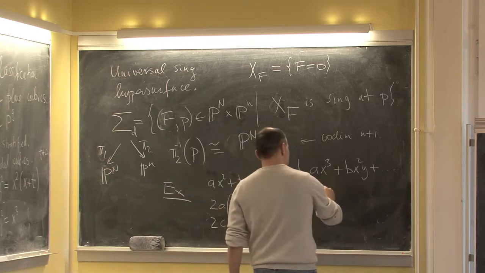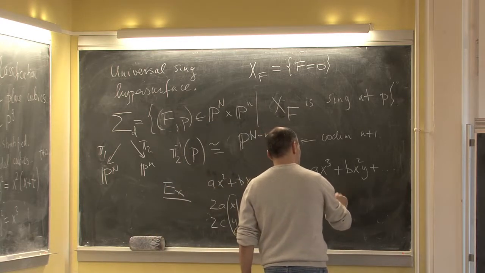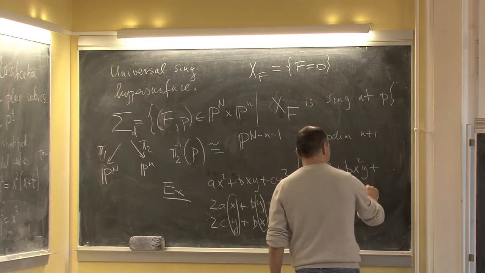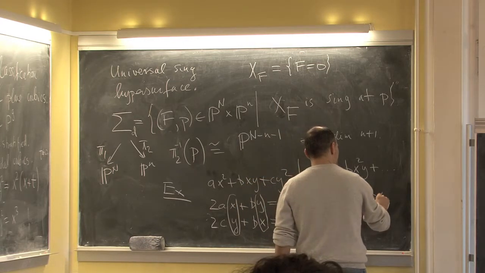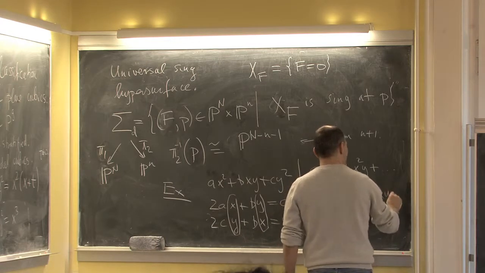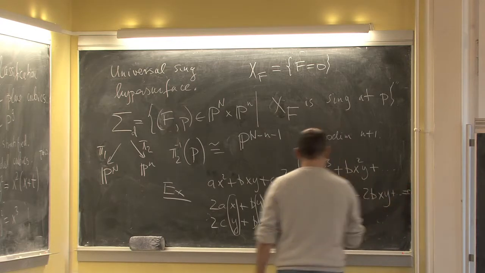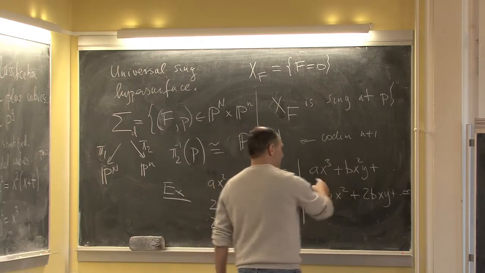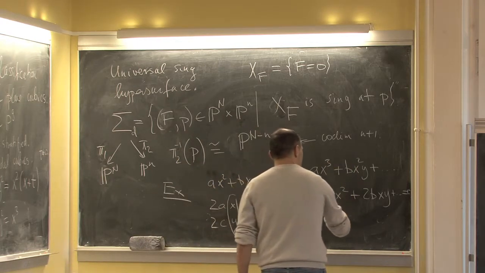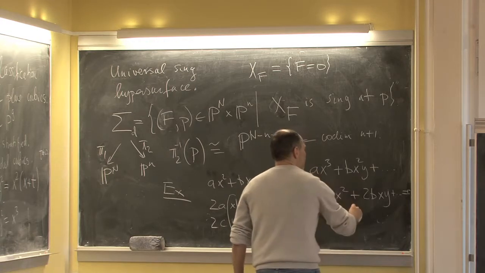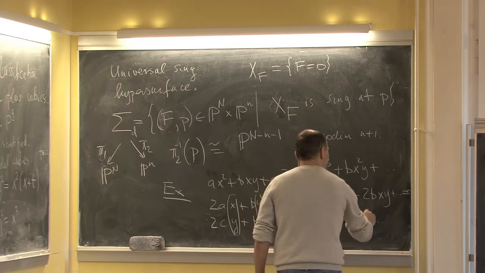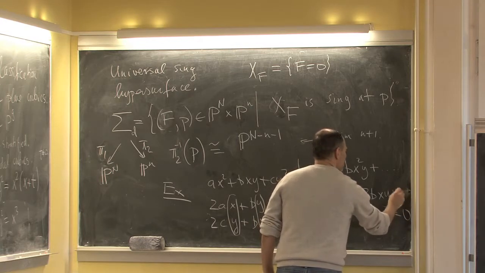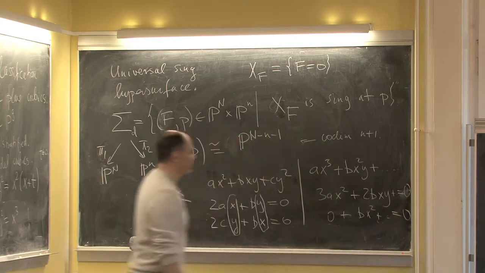Then what we get is 3ax squared plus 2bxy plus etc. equals 0. And the next one, then you have some similar thing here. So if you take the y one, then this will disappear. So this will be 0 plus, and then you have just bx squared plus etc. equal to 0. All right, so the equation looks like this.